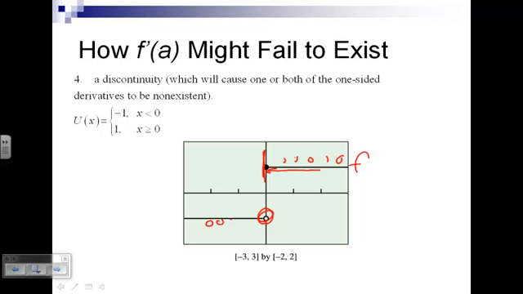Switch. No, but it does not exist. No way to have a graph to both sides.